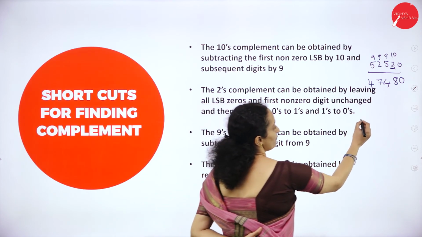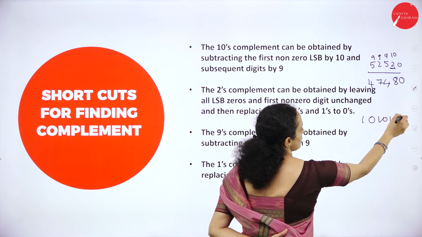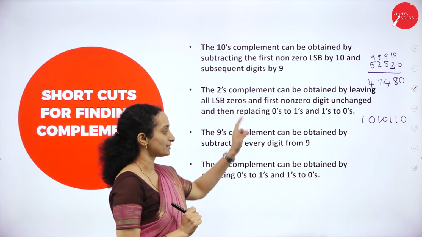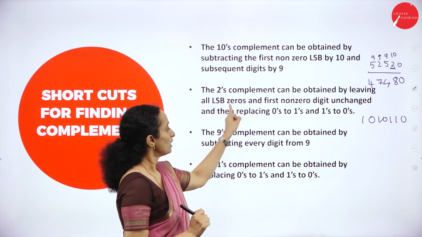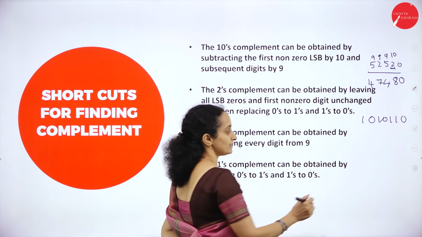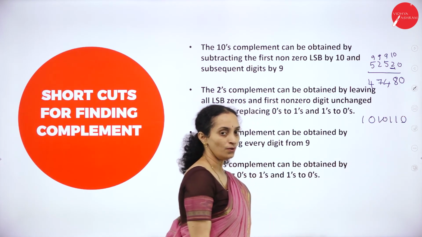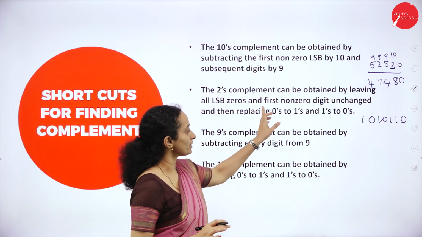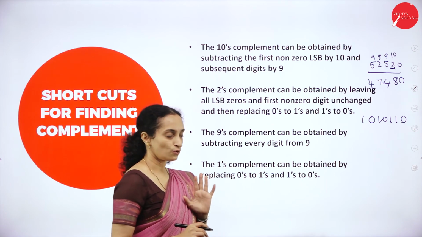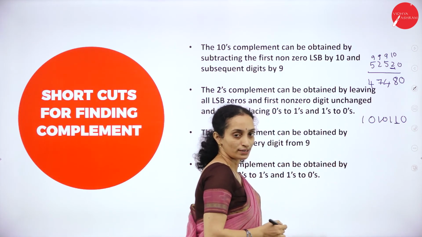For example, if you take 1 0 1 0 1 1 0, the shortcut method says keep the zeros in the least significant positions. The least significant digit here is 0. Leave it as it is. Along with that, keep the first non-zero digit unchanged. Don't change the first 1. Here it is the first non-zero digit.